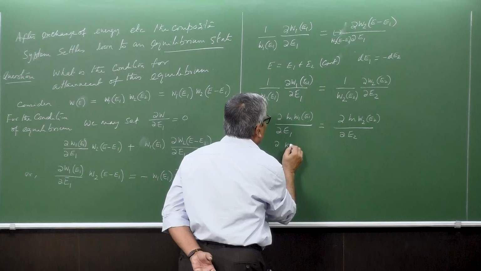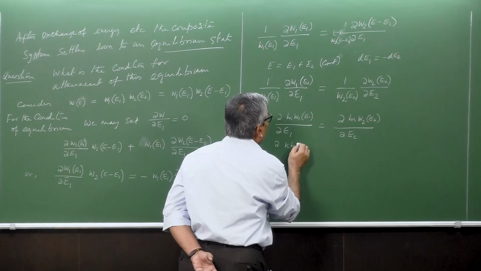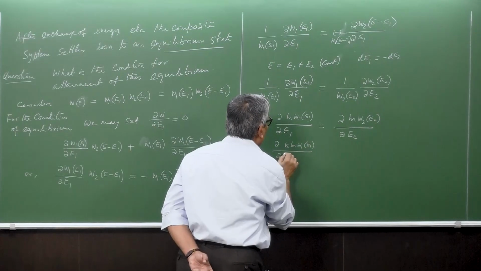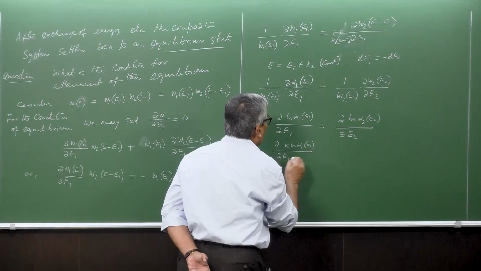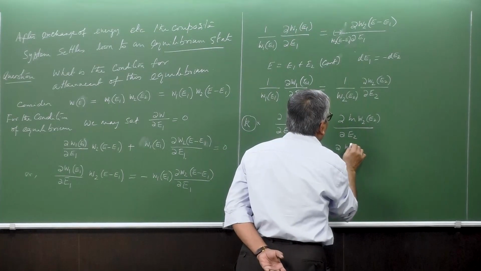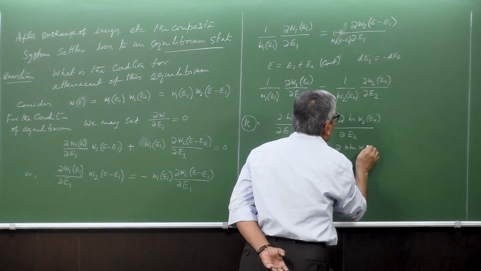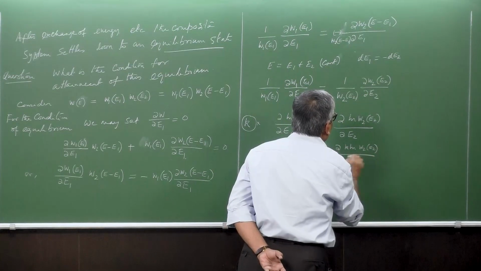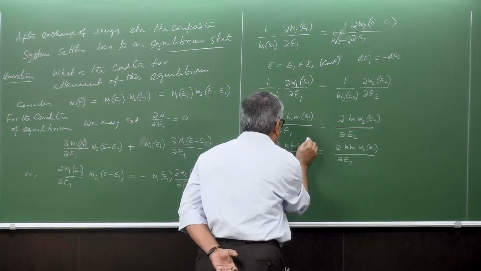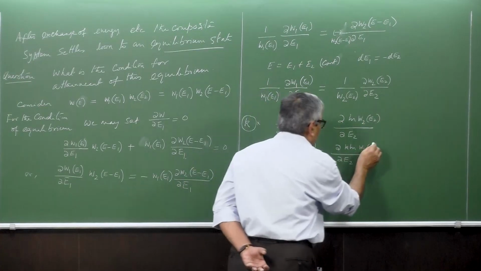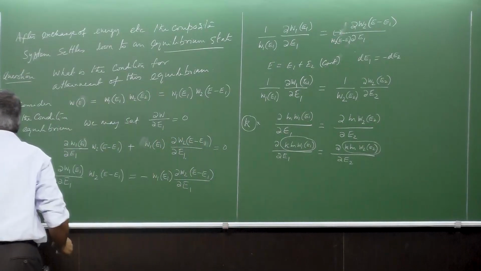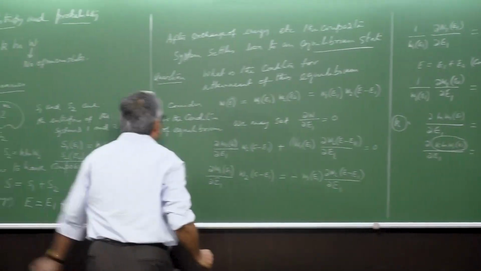Del of k ln W1 over E1 del E1 equal to del of k ln W2 over E2 del E2, and this k ln W1 and k ln W2 are basically the entropies of these two states, S1 or S2.